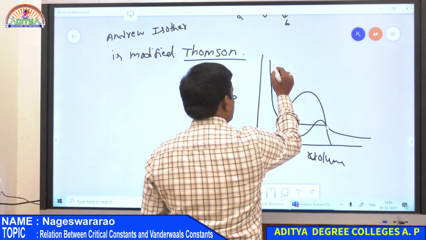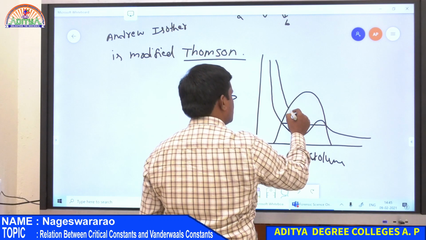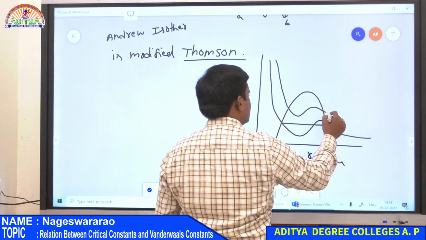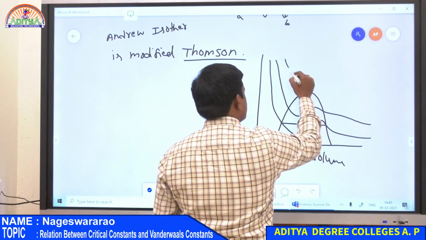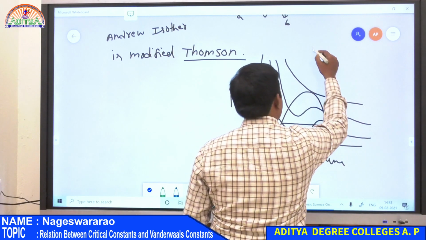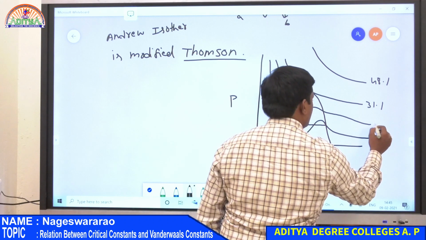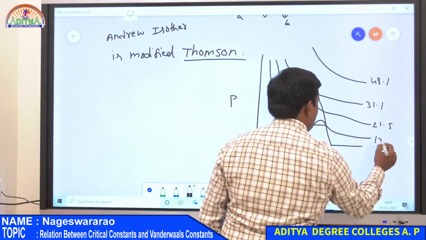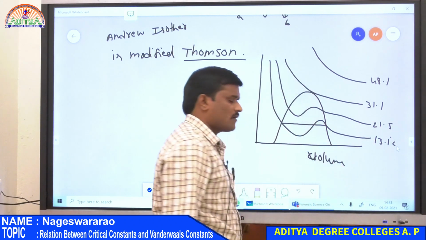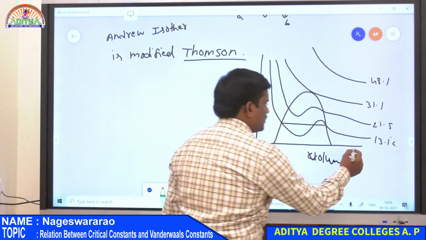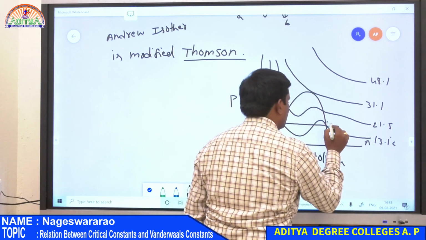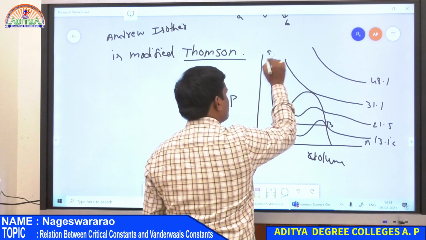So look at the second isotherm at 21 degrees centigrade, and this is at 31, and finally 48. So this is 48.1, 31.1, 21.5 and 13.1 degrees centigrade. Now look at the isotherm. So this is A, B, C and D.